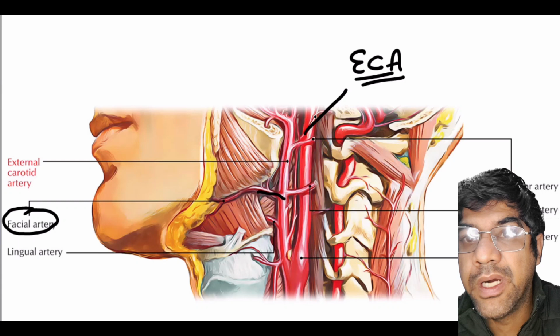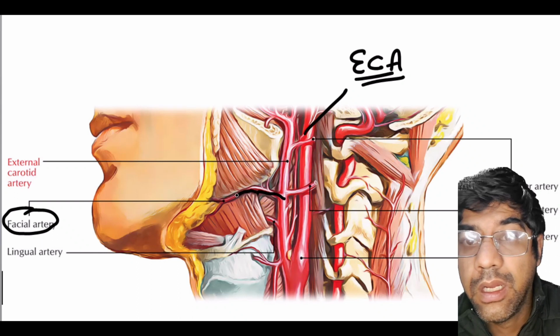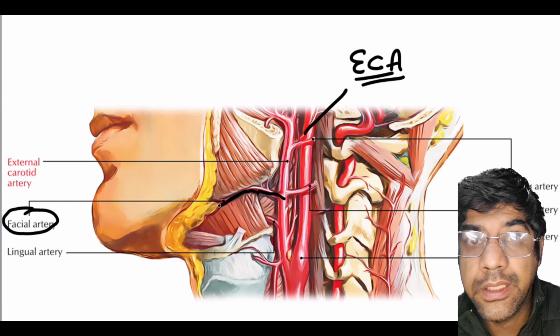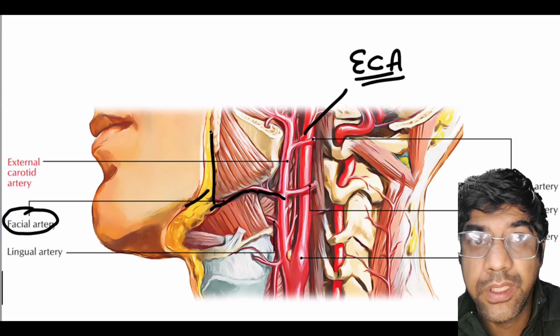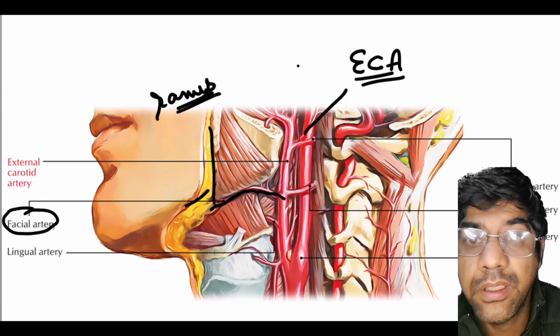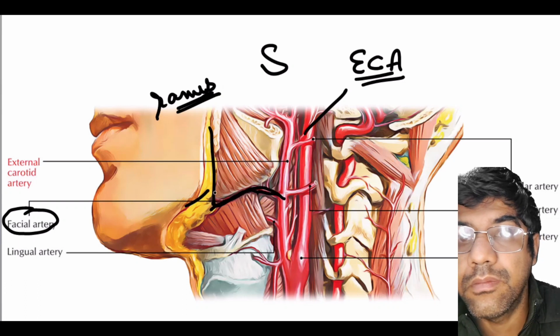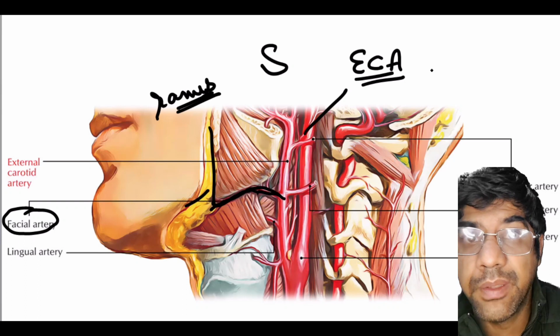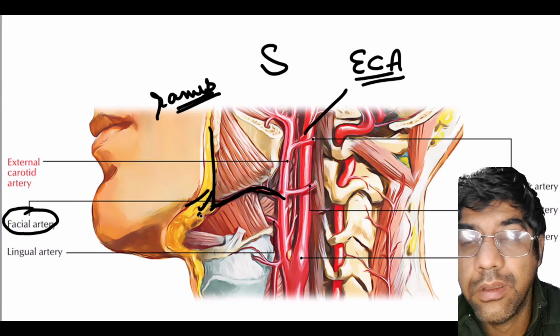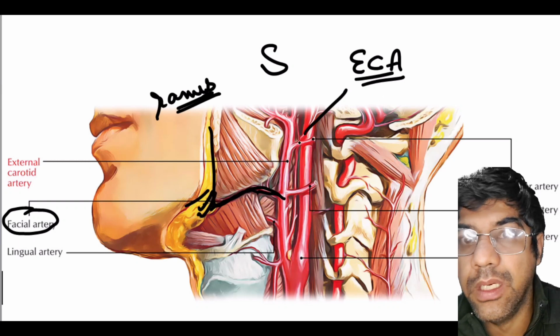It runs upwards on the superior constrictor of the pharynx, reaching between the posterior belly of digastric and stylohyoid, reaching the ramus of the mandible. So it forms an S bend winding over the submandibular gland and then over the base of the mandible.